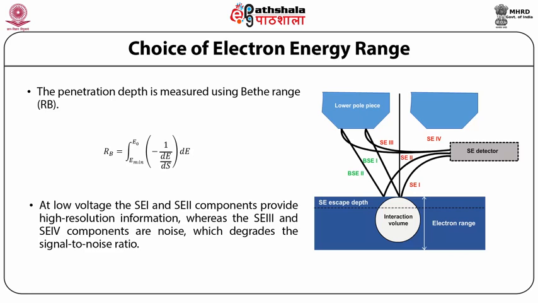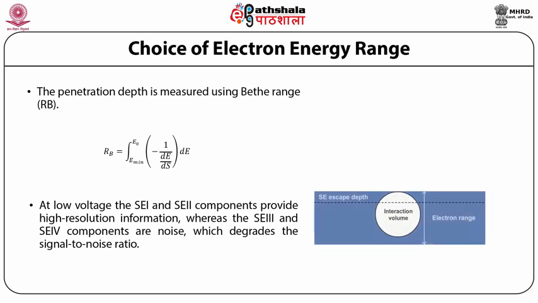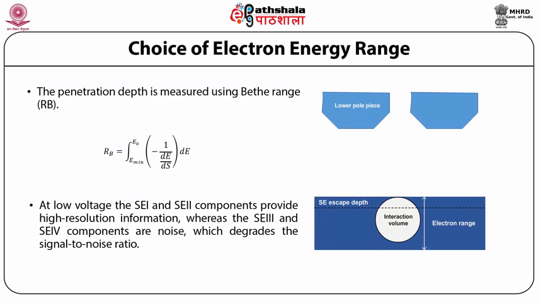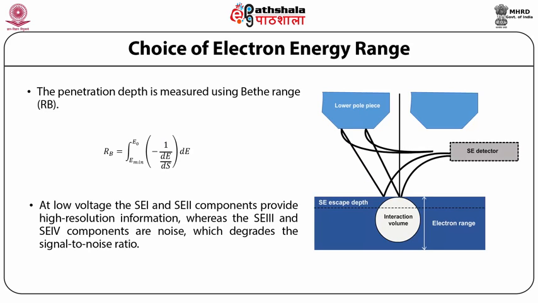Hence, secondary electrons are emitted from the whole of the interaction volume at low energies, while the backscattered electrons emerge from near the top of the specimen surface. Thus, at low voltages, the secondary electrons perform the task of bulk imaging.